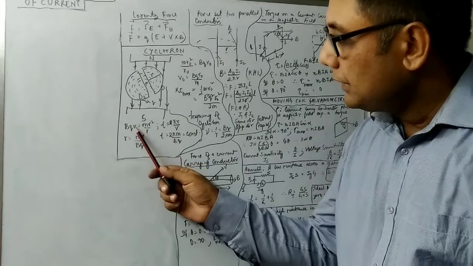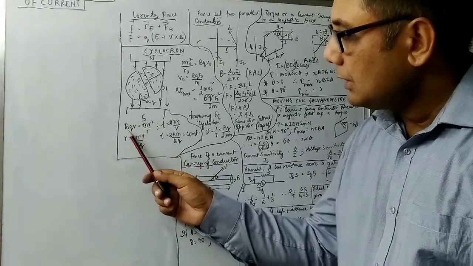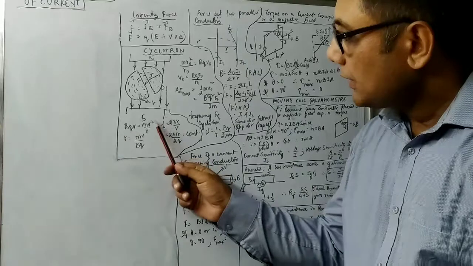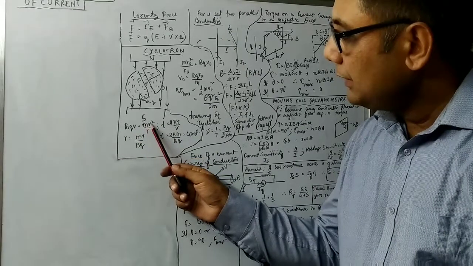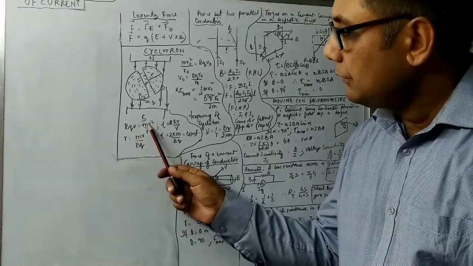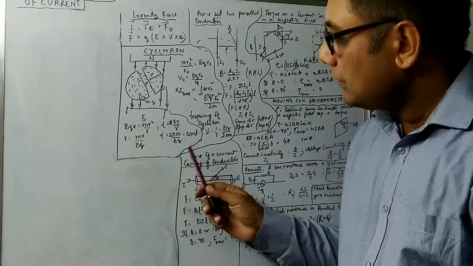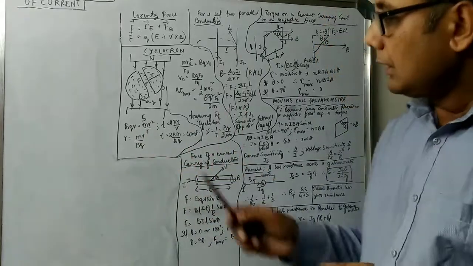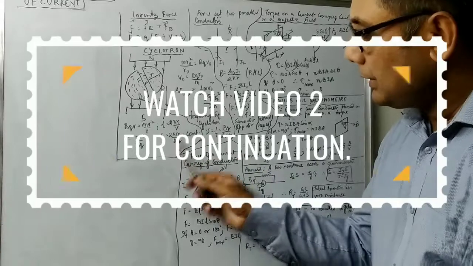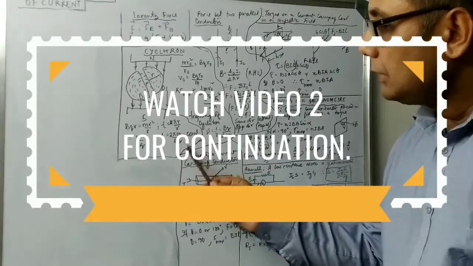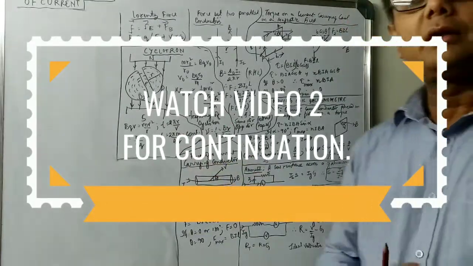If I cancel v and v, mv by r equals bq, so v will be bqr by m, which I have put here. Then r and r will cancel, so the time period comes to 2 pi m by bq, and these values are constant.